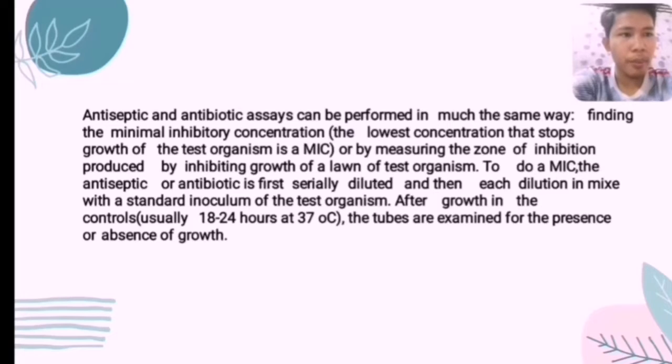To do a MIC, the antiseptic or antibiotic is first serially diluted, and then each dilution is mixed with a standard inoculum of the test organism. After growth in the control, usually 18 to 24 hours at 37 degrees Celsius, the tubes are examined for the presence or absence of growth.